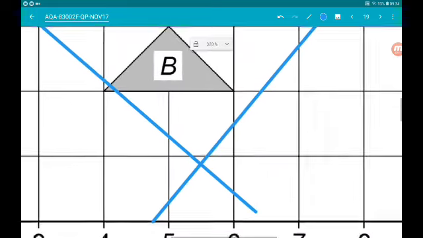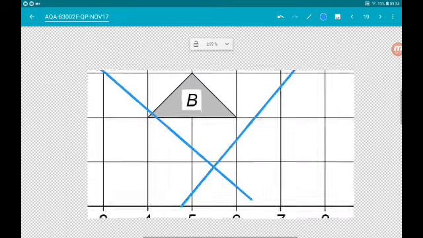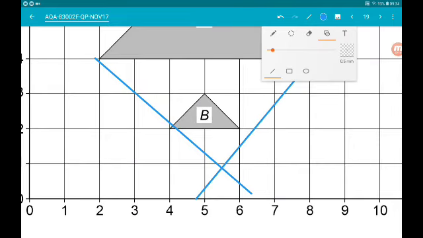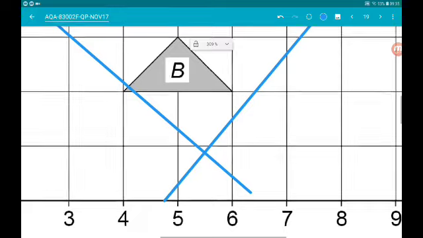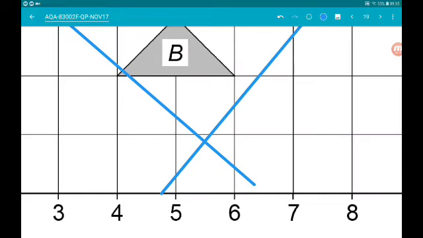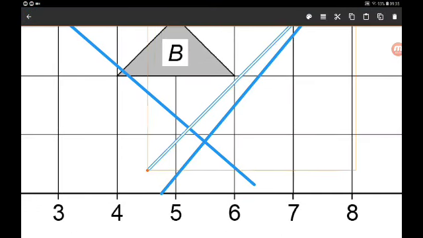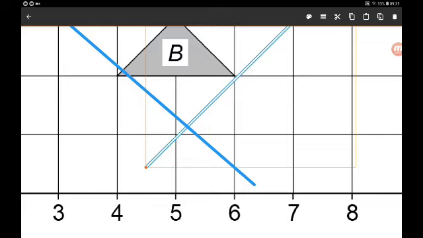Okay, so that just needs a little bit of refining, because drawing is hard.